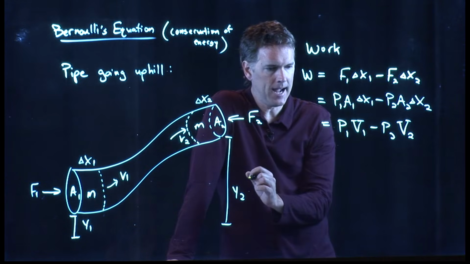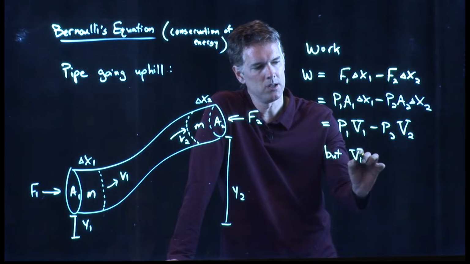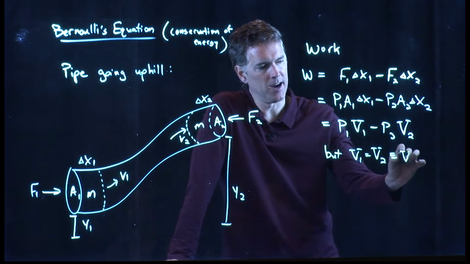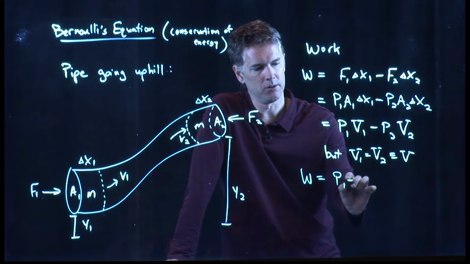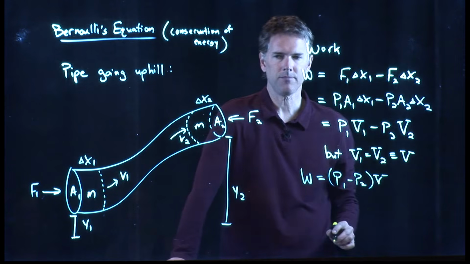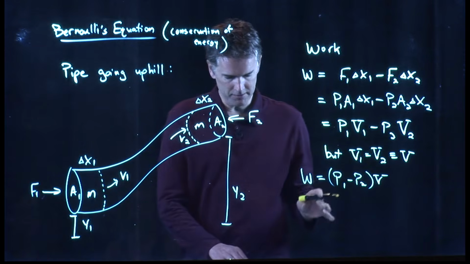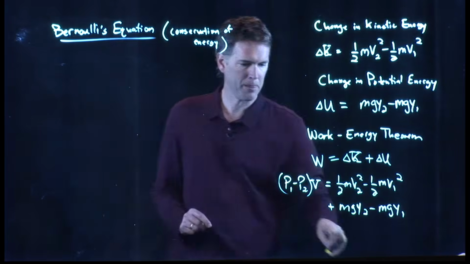The mass going in has to be equal to the mass going out. The density doesn't change. And so the volumes are in fact equal, and we will just define that as V. And so work is P1 minus P2 times V. That's one of the terms that we're going to need. Let's see if we can calculate the other terms that we're going to need, and we'll put it all together.